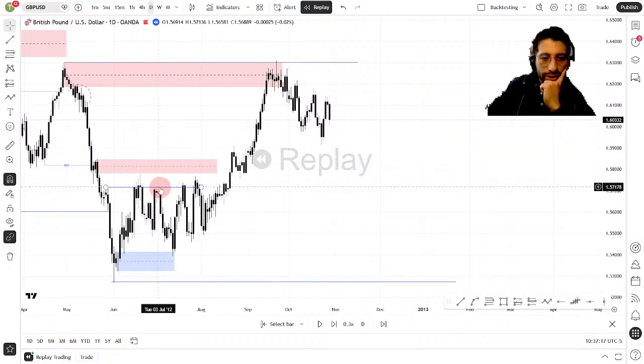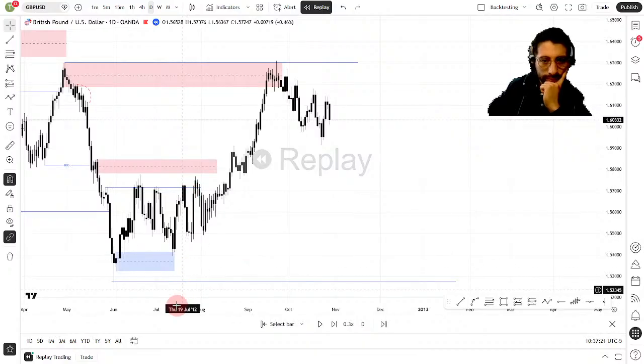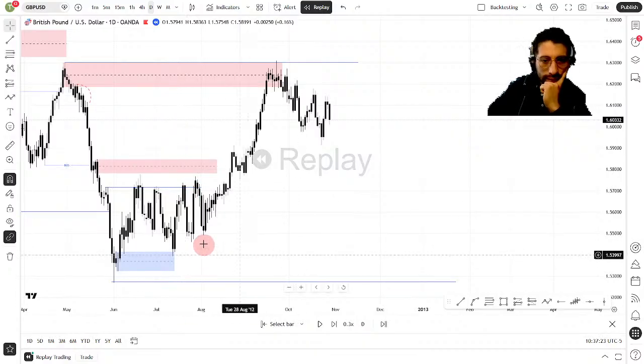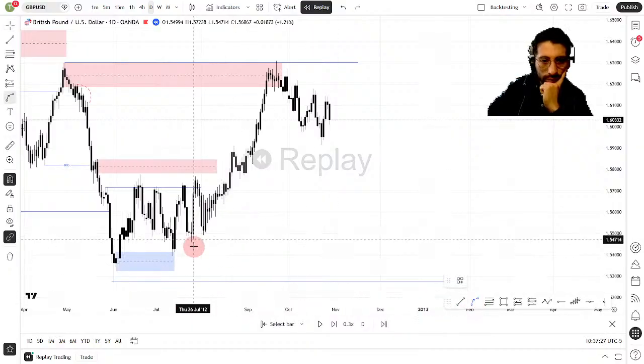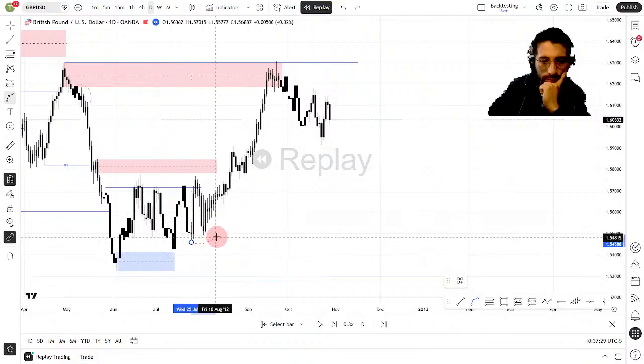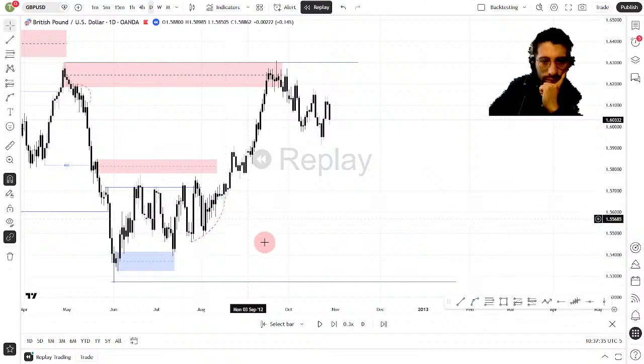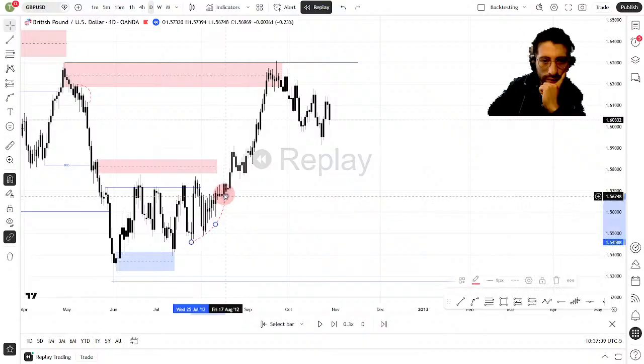After this breakage here with a body of the candle, we can see that the price has a lot of liquidity here. Look, all of this is liquidity. All of this is liquidity. Even above this area, there's a lot of liquidity.